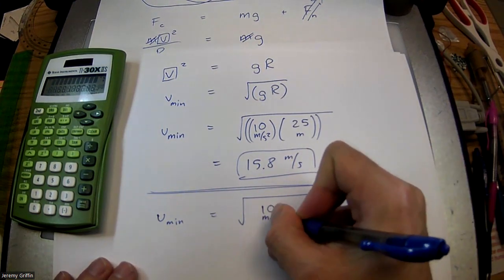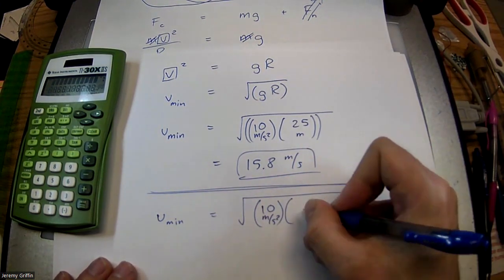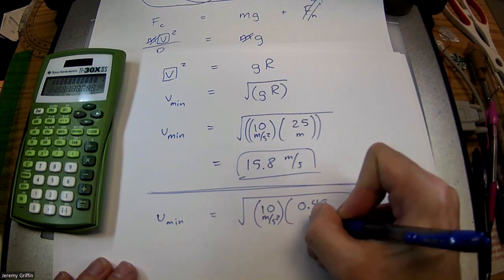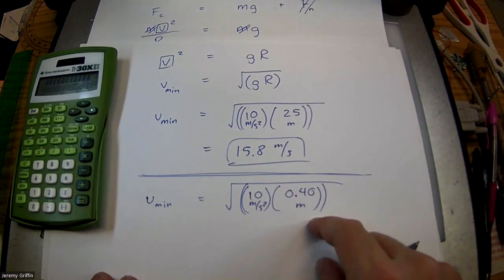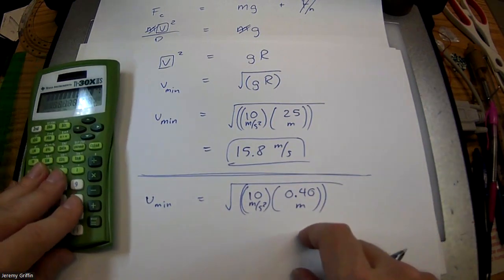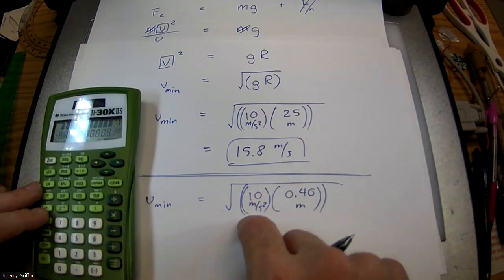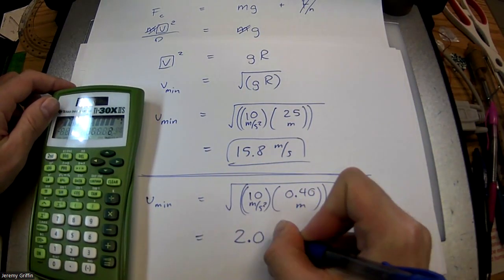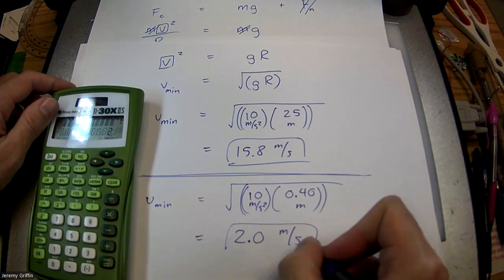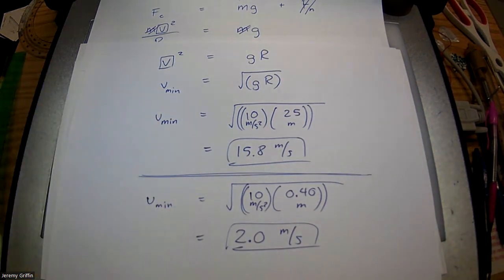That's 10 meters per second squared gravity times 0.40 meters about. There's a 40 centimeter radius. That's 0.4 meters, right? It's all base SI units. So square root of 10 times 0.4 is 4. That'd be 2 meters per second. Okay? So that cup had to be going 2 meters per second at the top of that vertical loop. Okay? If it went any slower, the water would fall out.